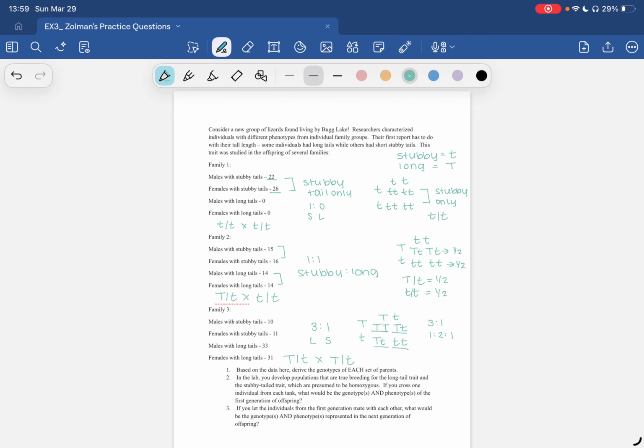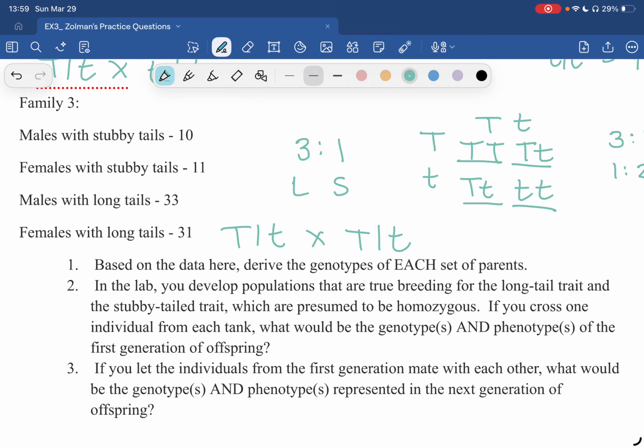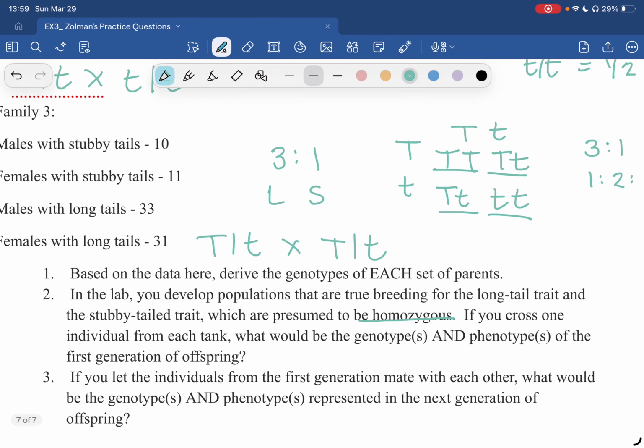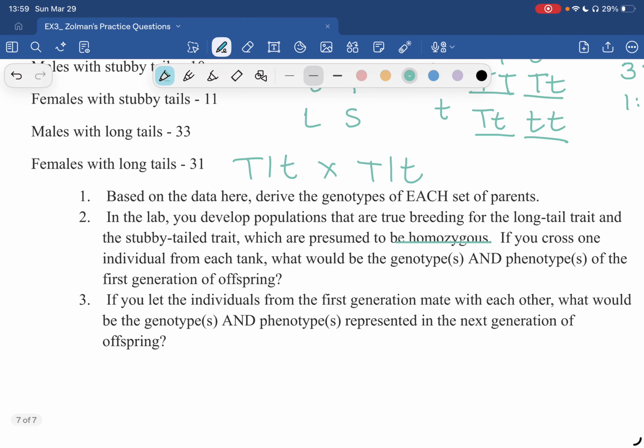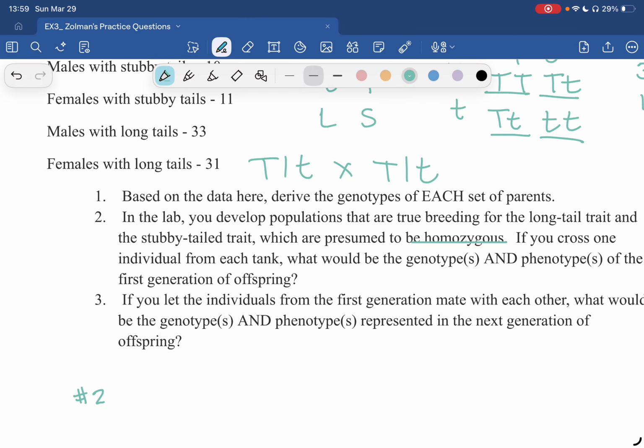And then it says in the lab, you develop populations that are true breeding for long-tailed trait and the stubby-tailed trait, which are presumed homozygous. If you cross an individual from each tank, what would the genotypes and phenotypes be for the first generation of offspring? So they're saying that you are crossing individuals that are presumed to be homozygous for each trait. So, right, number 2 right here.